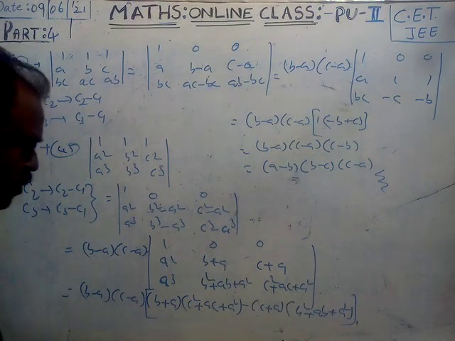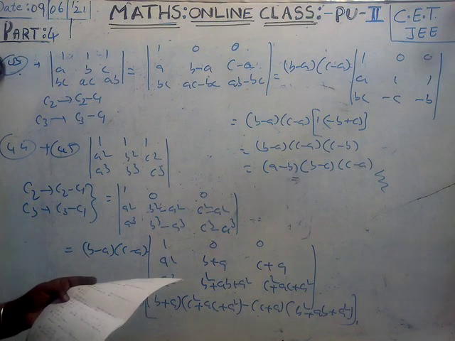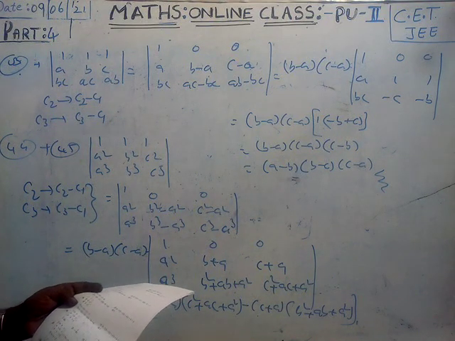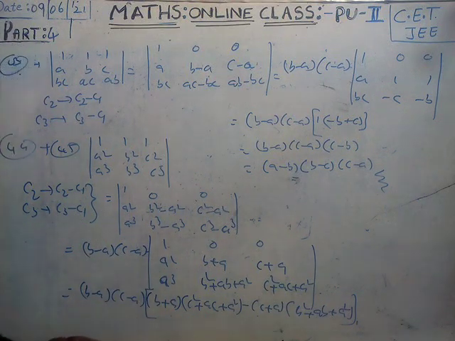You simplify it. After simplification, we will get a simple result. Just you solve it now. You will get the third option. Now we'll go to the next problem, the 46th one.